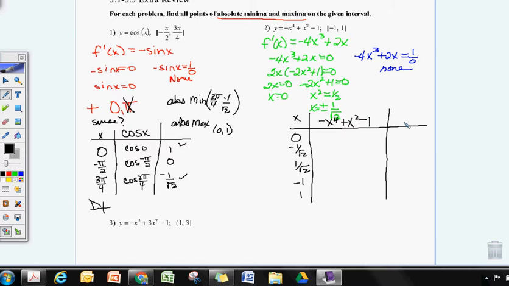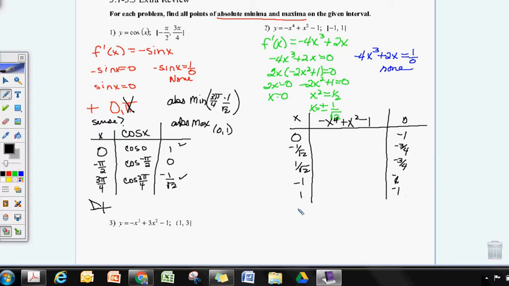My y values in this case, when I plug in 0, I get negative 1. When I plug in negative 1 over root 2, I get negative 3/4. When I plug in positive 1 over root 2, I get negative 3/4. When I plug in negative 1, I get negative 1. And when I plug in positive 1, I also get negative 1.